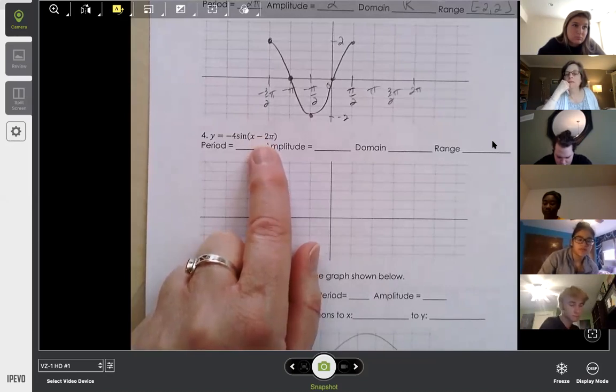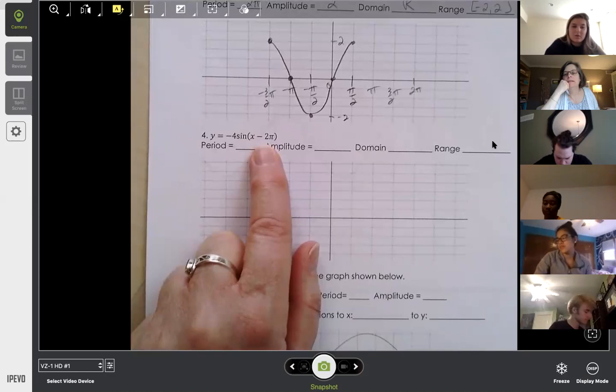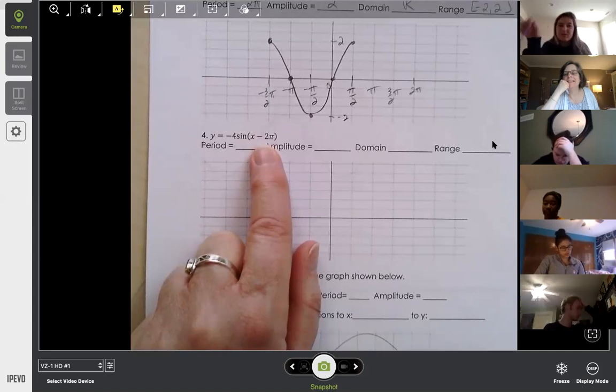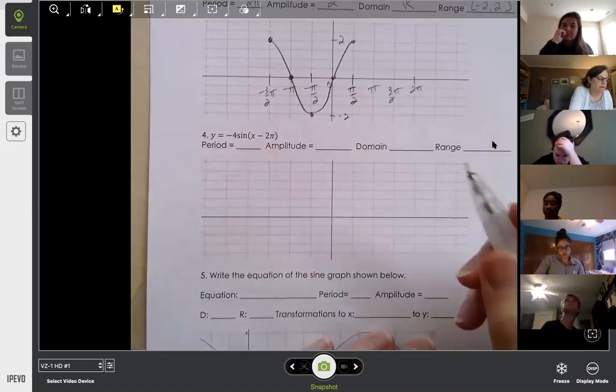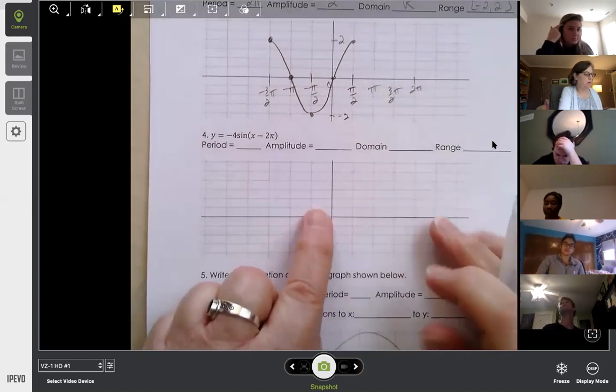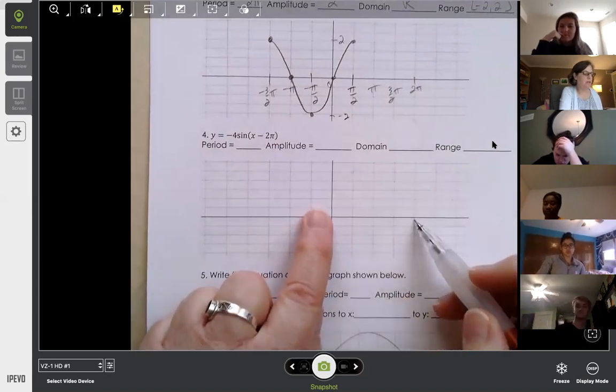Is it gonna look any different when it moves right by 2 pi? What do you think, Maggie? No. Normally it goes between 0 and 2 pi, and then at 2 pi, it starts a new cycle.